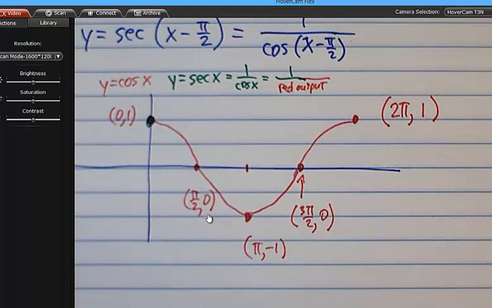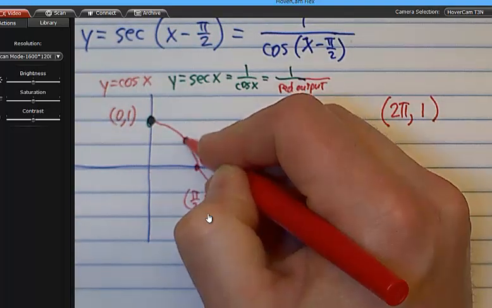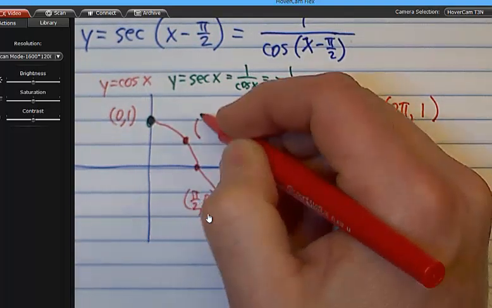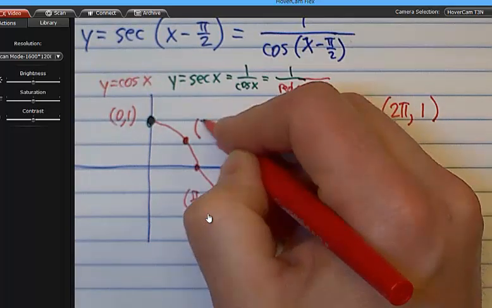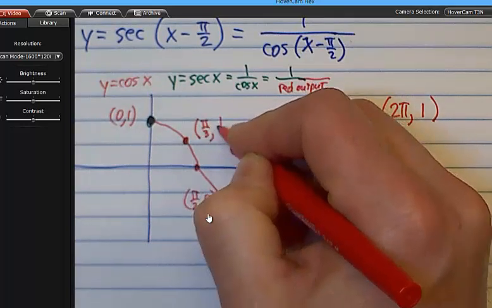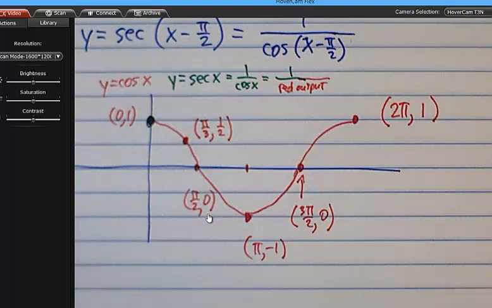Maybe I should go over one more of these. I know this point. I know that the cosine of pi over 3 is 1/2. Do you guys remember that from our unit circle? The cosine of pi over 3 is 1/2. You guys with me? What do you think the secant of pi over 3 is going to be? 2.